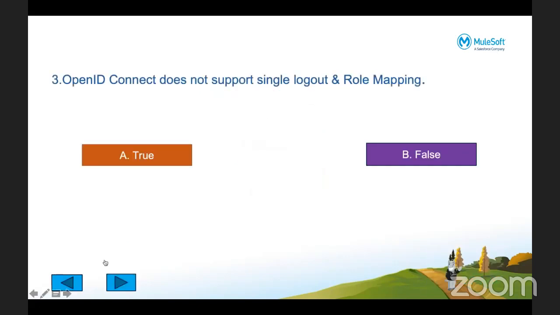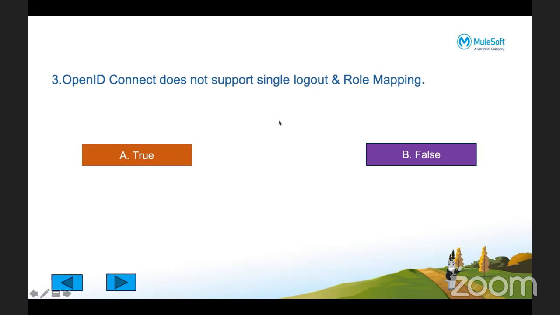So OpenID Connect does not support single logout and role mapping. We have seen what single logout is earlier, right? If you check the single logout option, what it does is it closes all the open sessions, and it doesn't allow any scripting attacks or anything on our open session.